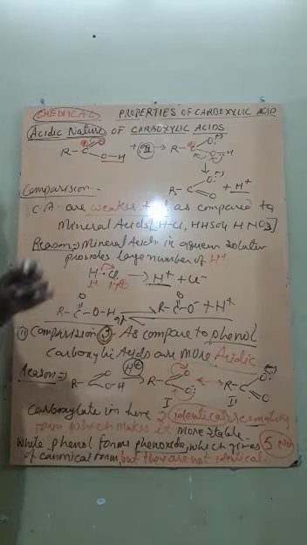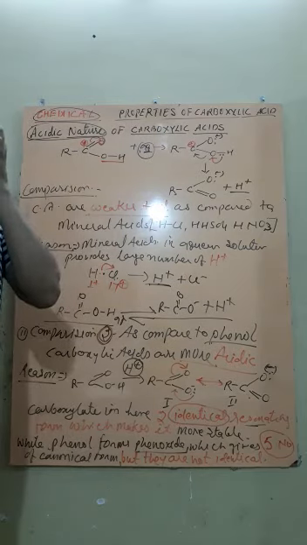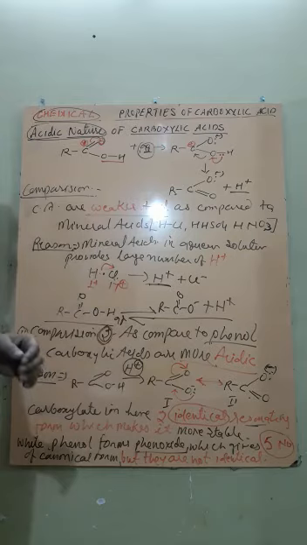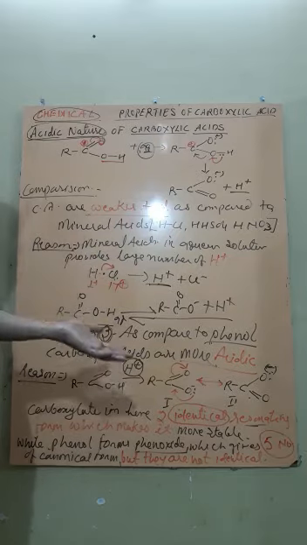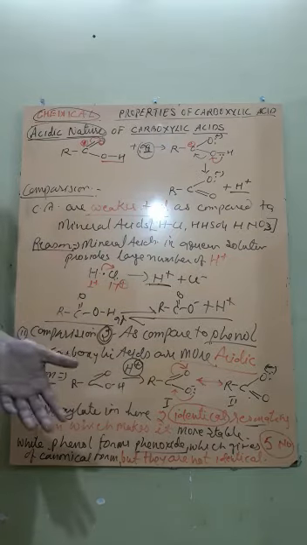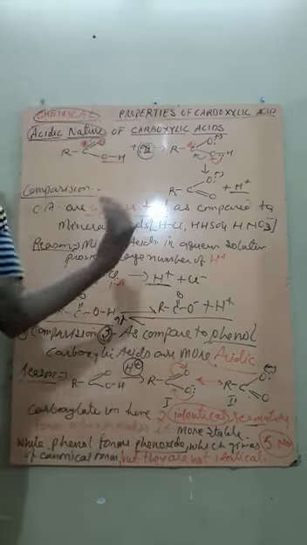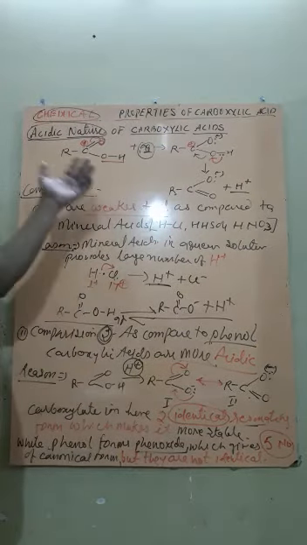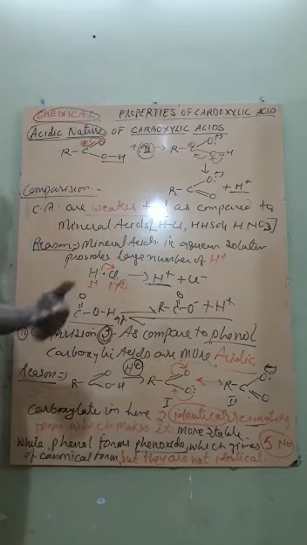The releasing of H cation provides the acidic nature. If an electron releasing group is present, it will increase electron density, so the releasing capacity will decrease. And if an electron withdrawing group is attached, then it will attract electrons from the carboxylate ion, and therefore it will increase the acidic nature.